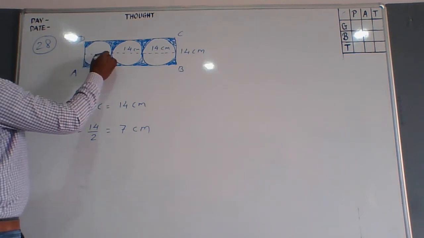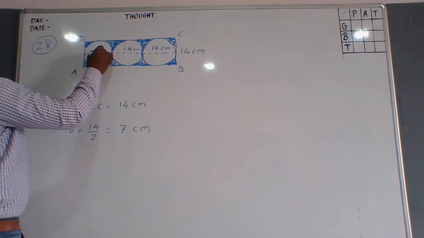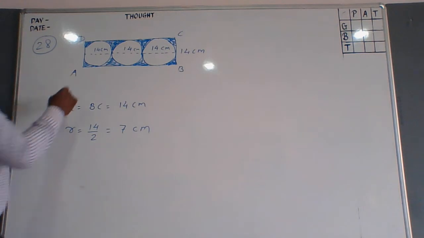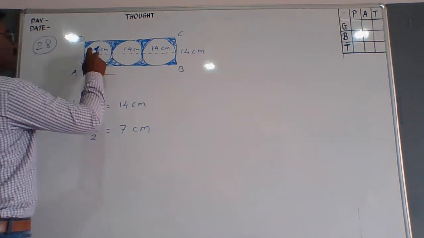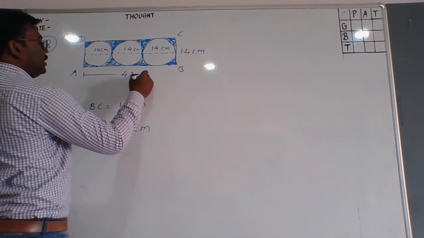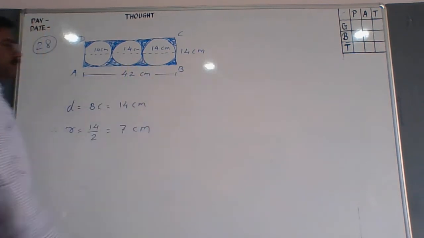Also, the diameter of the third circle is 14 centimeter. Correct? Now we get the length 14 plus 14 plus 14. That is 42 centimeter. Okay? 42 centimeter is the length of this rectangle.